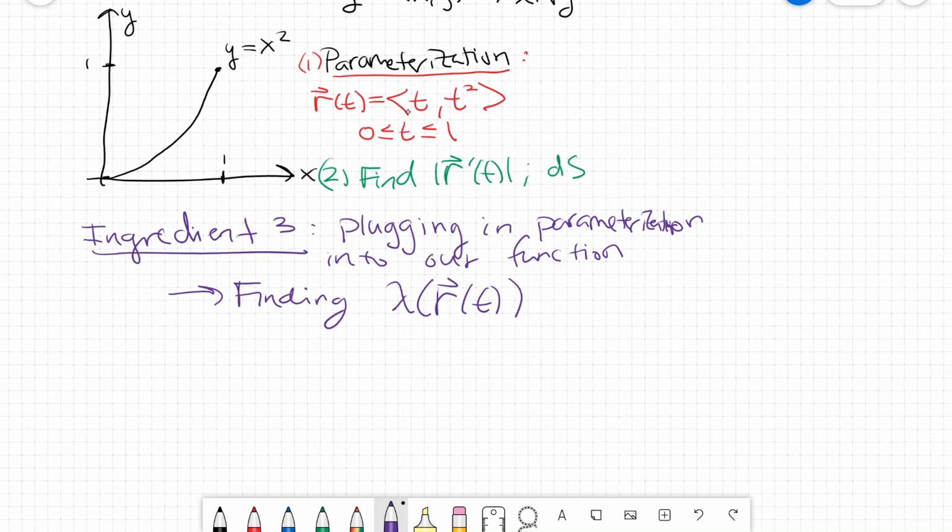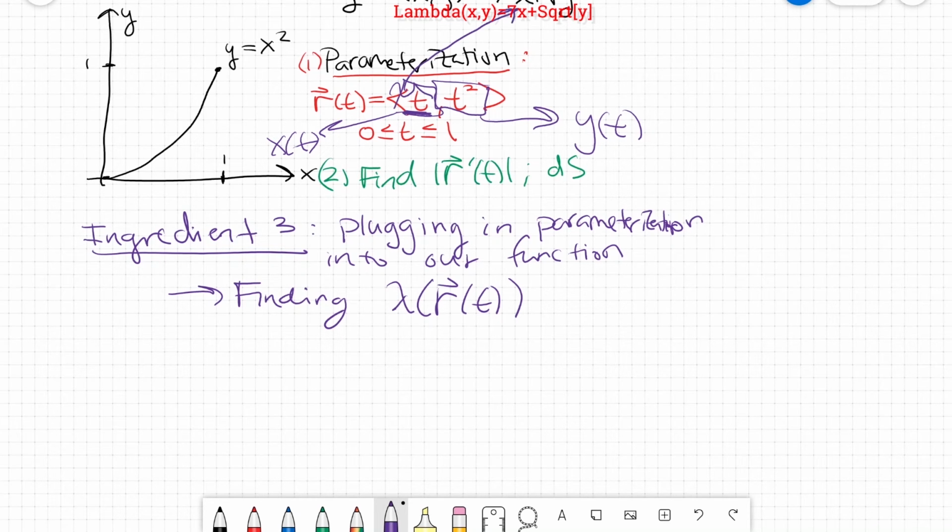Well, if you'll recall, this term here is x of t in our parameterization, and the second term here is y of t. Thus, we literally take the x component of our parameterization and plug it wherever we see an x. Here we only saw one instance of x. And wherever we see a y in our function, we plug it in here. And we've only seen one y in our function.